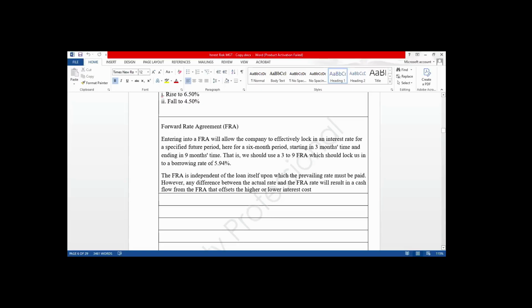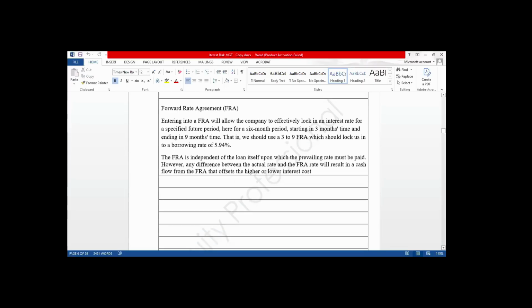Zenith Bank is not aware you have entered into an FRA. You are going to borrow at the prevailing interest rates. However, any differences between the actual borrowing rates and the FRA rates will result in cash flow from the FRA that offsets the higher or the lower interest cost.